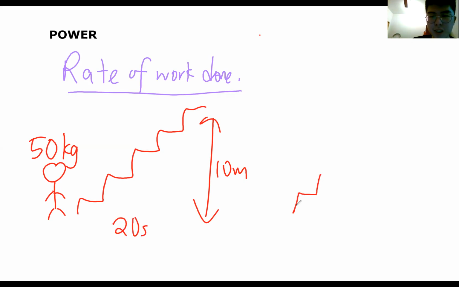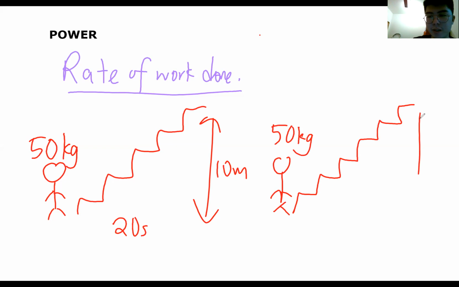And you have a person B, same mass of 50 kg, same height of 10 meters, but he runs up the stairs in 10 seconds. Which one possesses a higher power? Of course, it's person B, because he can finish the work in the shortest amount of time.